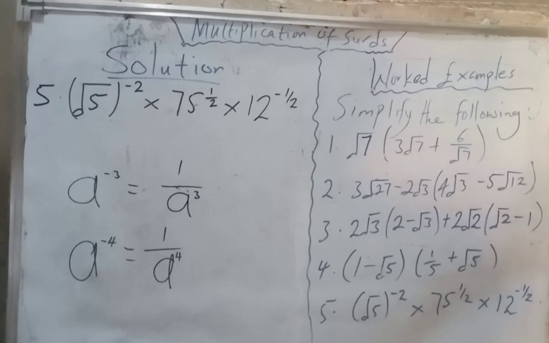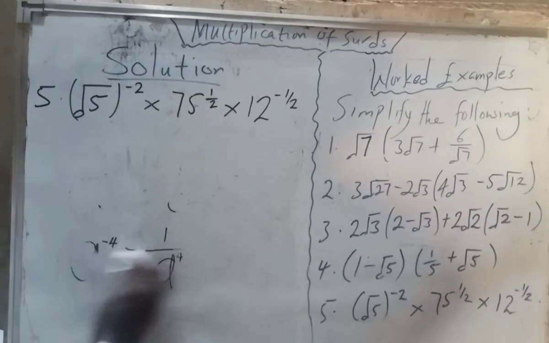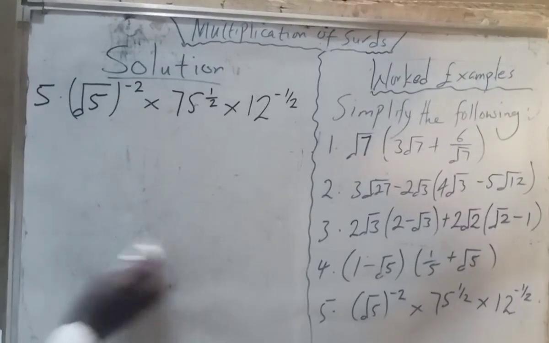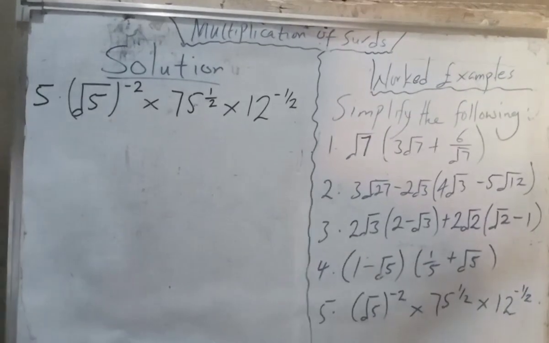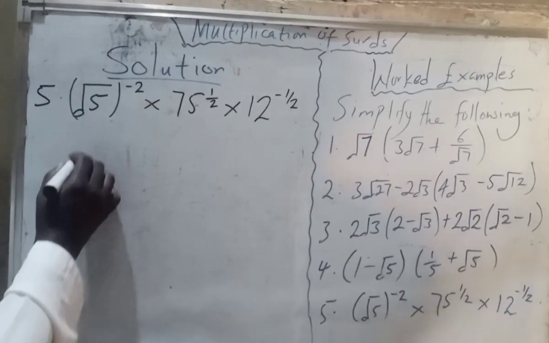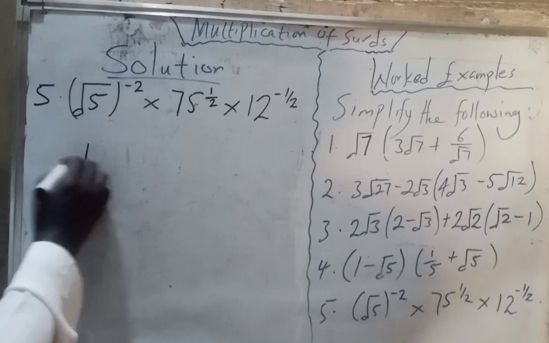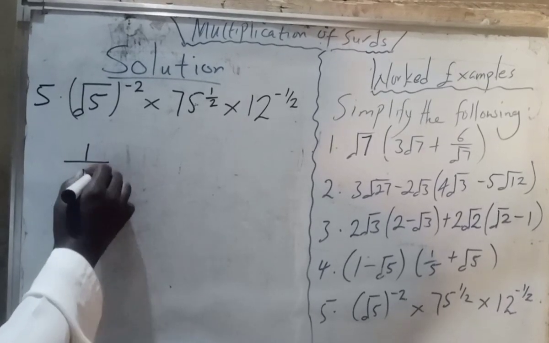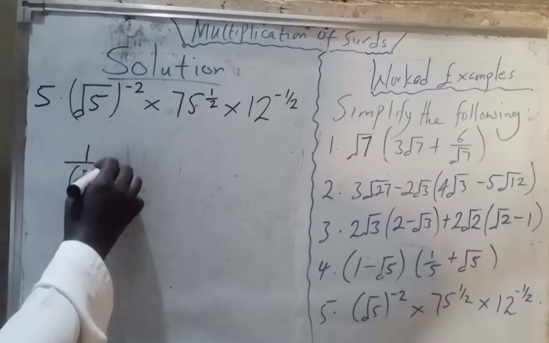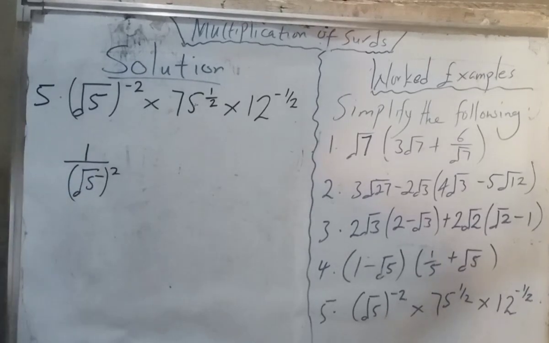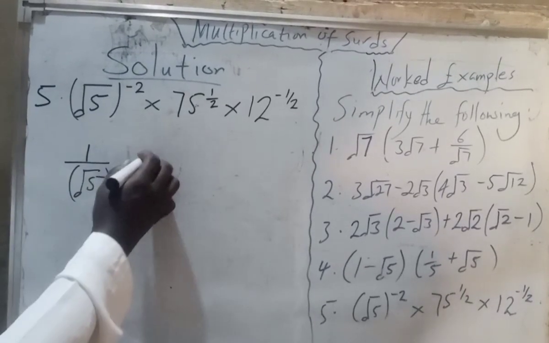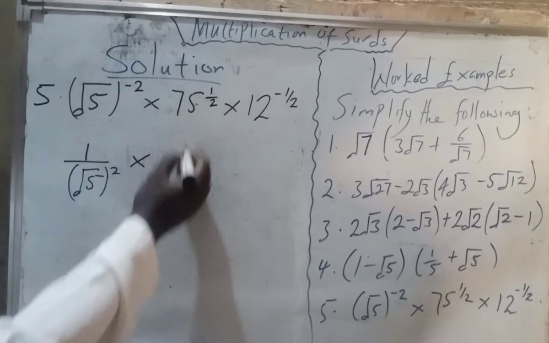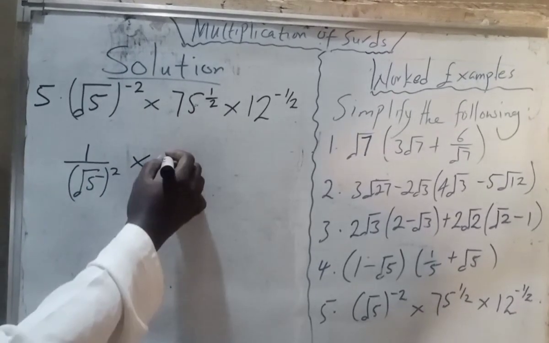So that means root 5 exponent -2 can be written as 1 over root 5 exponent 2. That's another way we can write this, multiplied by the square root of 75, as we said earlier.